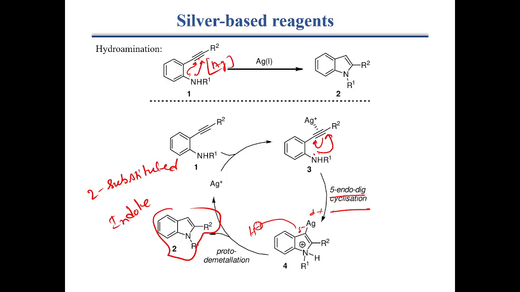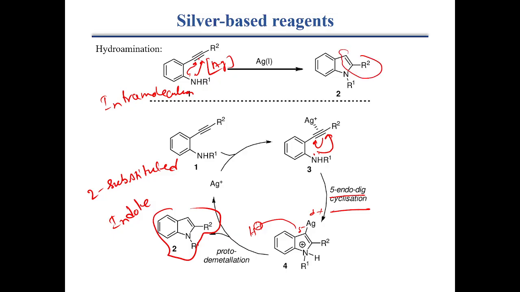So if there is an intramolecular nucleophile, this is the intramolecular nucleophile, or amine, it can react onto that alkyne. So after the activation, that gives the further product. In these cases, I have discussed the hydroamination product. So this hydrogen and amine react onto the alkyne.